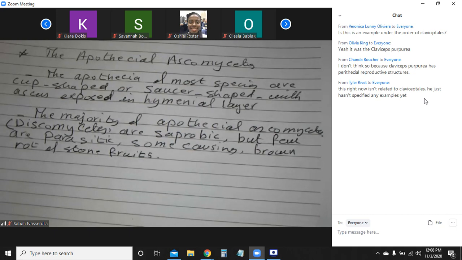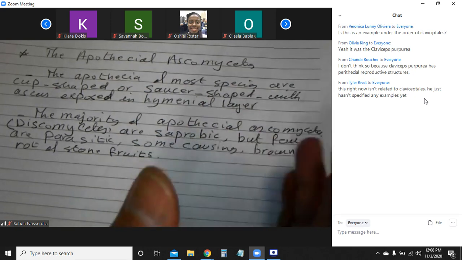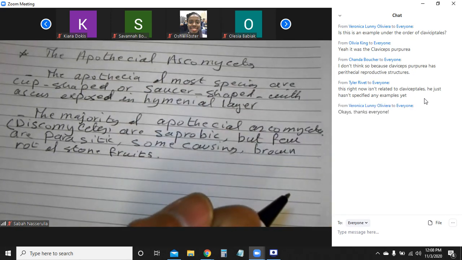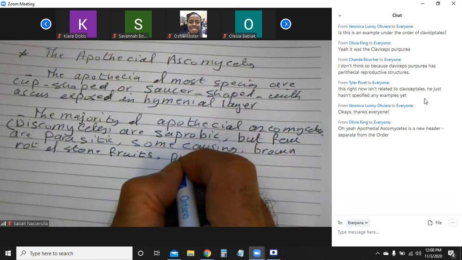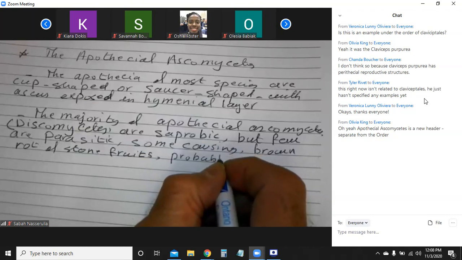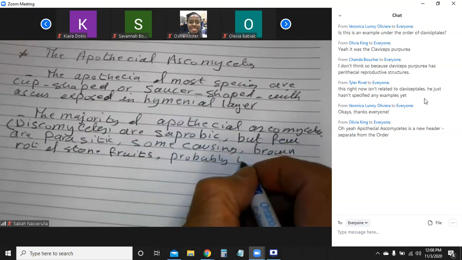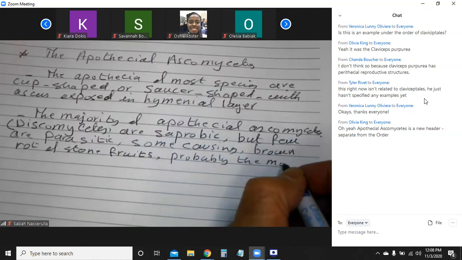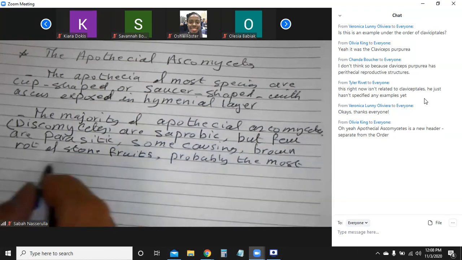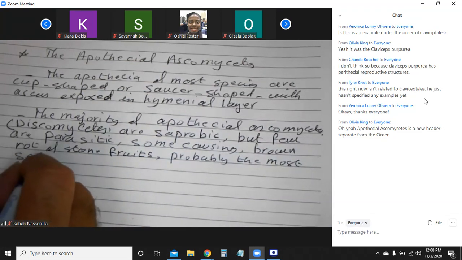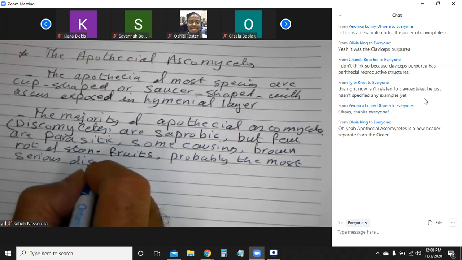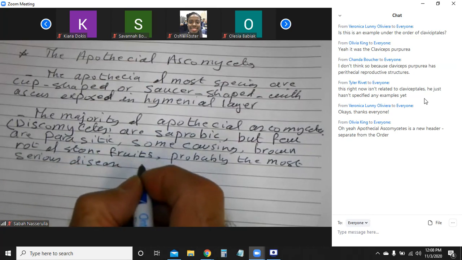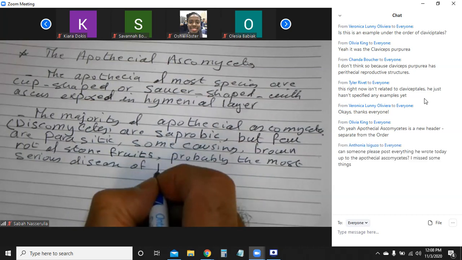But the most common one basically causes brown rot in peaches, and probably the most serious of these fruit diseases, the most serious disease also of peaches.